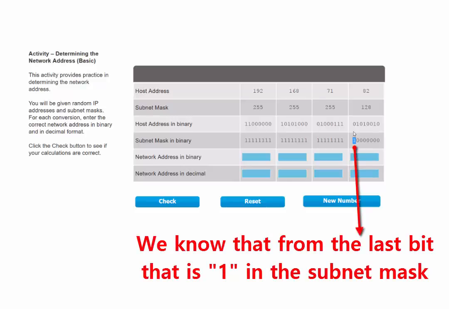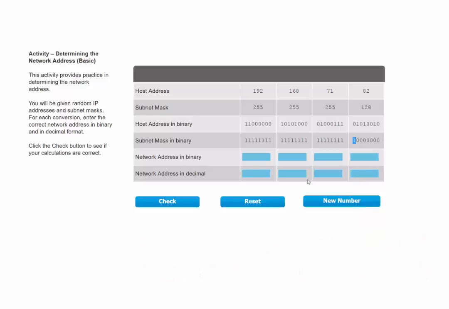So this means that this bit will be set from the network address directly, or the host address, and the rest will be zero. So this same binary will be kept until this bit, it will be put here, and the rest will be zero. So we can simply do that by doing this.